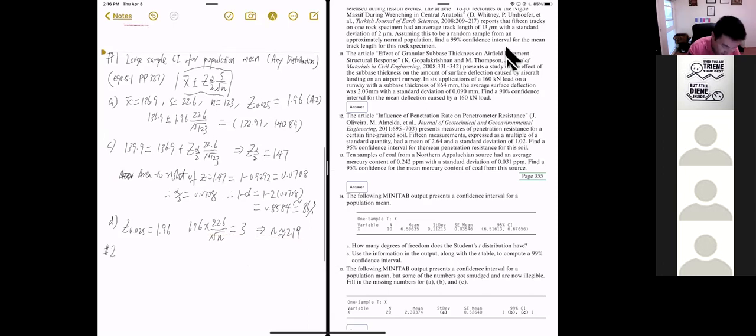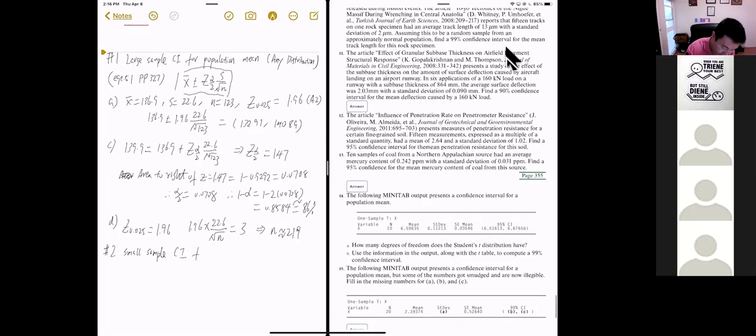Write this down. Question number 2 is small sample CI for population mean.